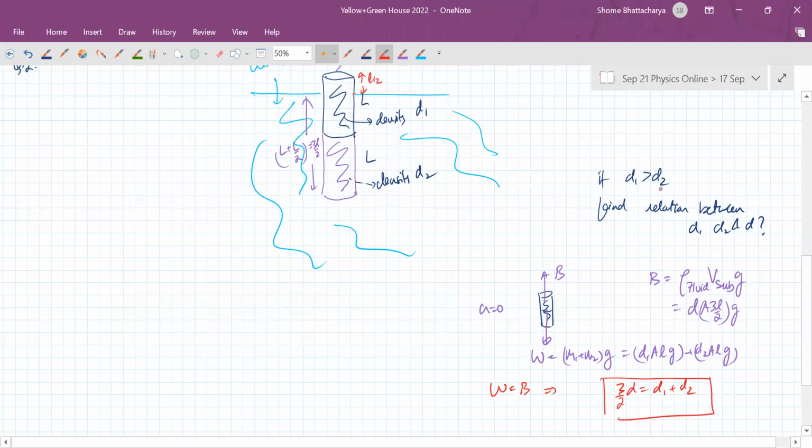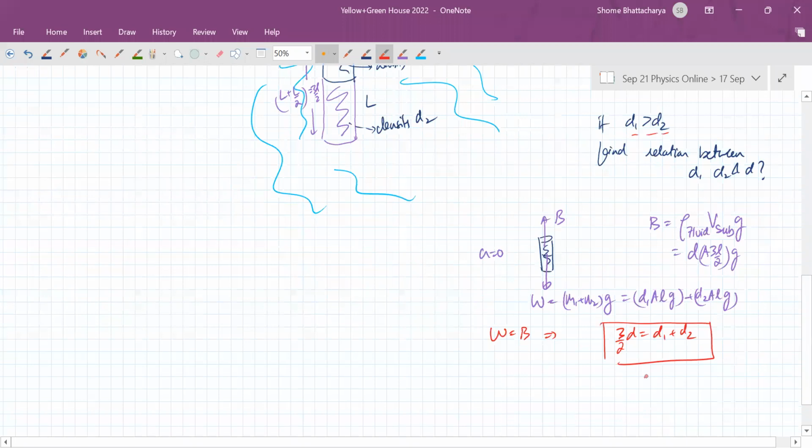Now you can see that if D1 is the larger one, let's say D1 is equal to D2 plus X. So you can substitute that over here like this.